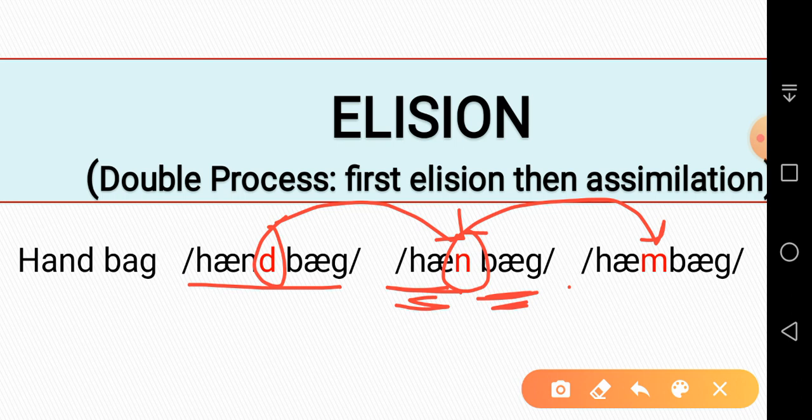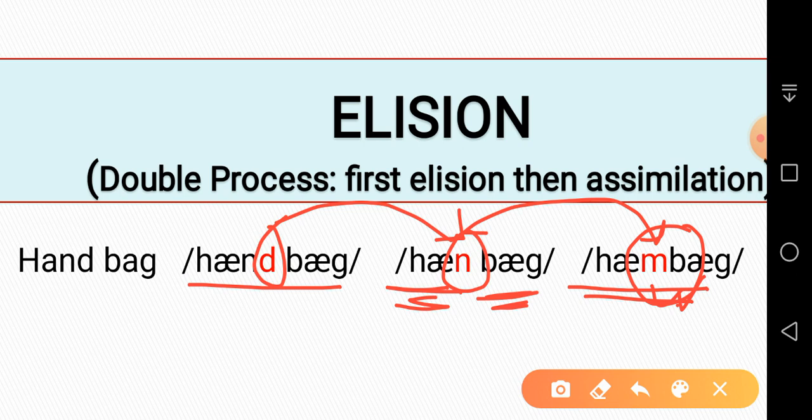So it is now handbag, because the b sound and the m sound are both bilabial. So the articulation is bilabial, so it is easy to articulate them together.